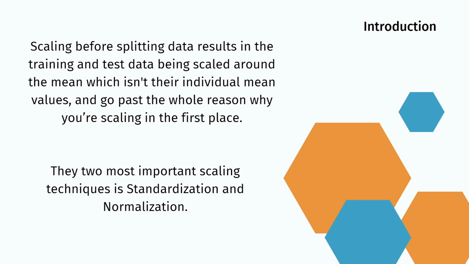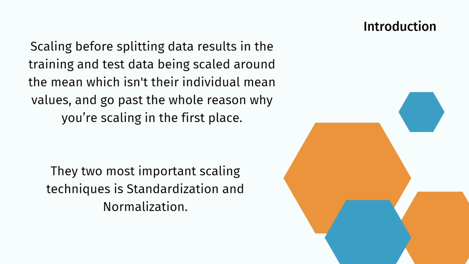So what this basically means is, if we scale before we are splitting, for example, if we get a mean value of the complete data set of, let's say, around 10 for one feature, and on splitting, the test data and the train data have different mean values, let's say the train data has 6 and the test data has 15.